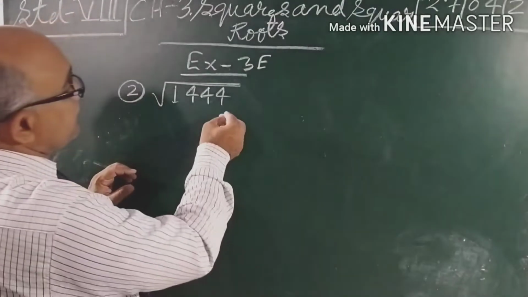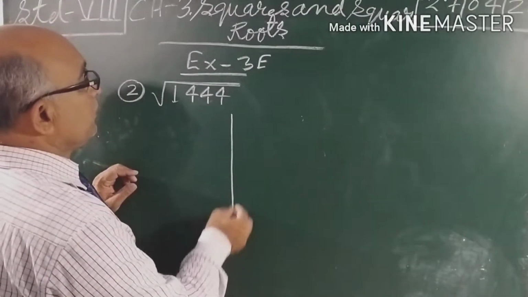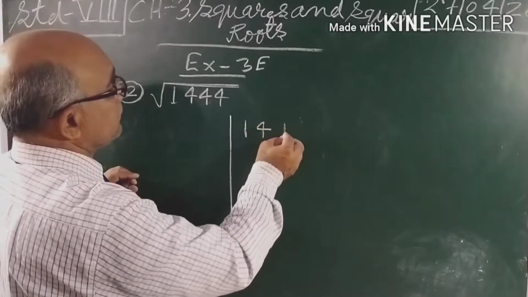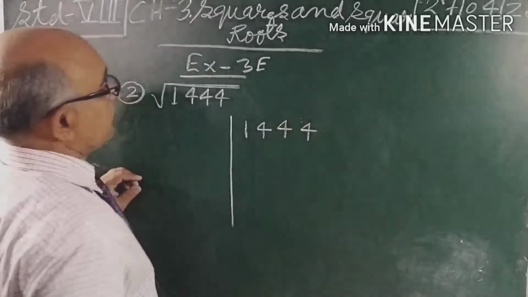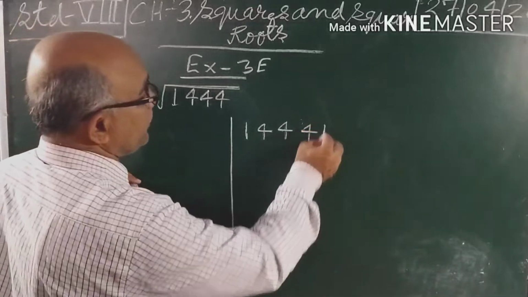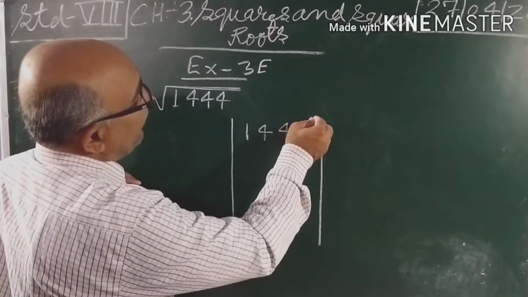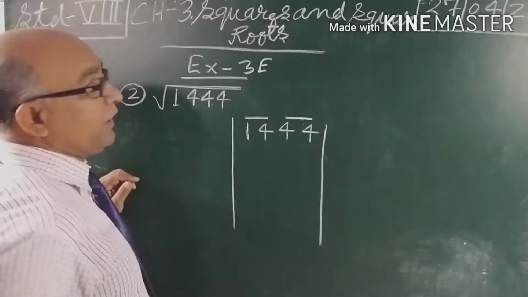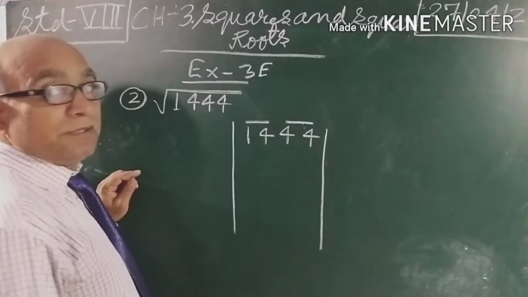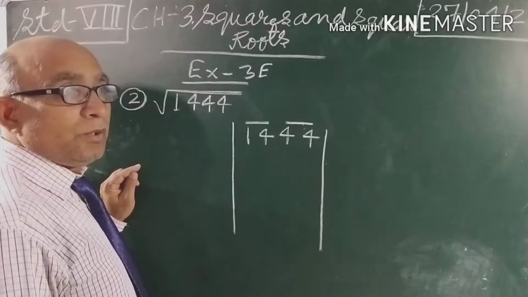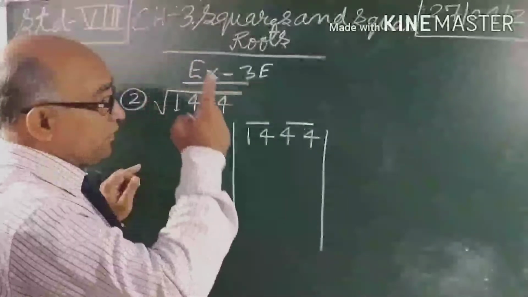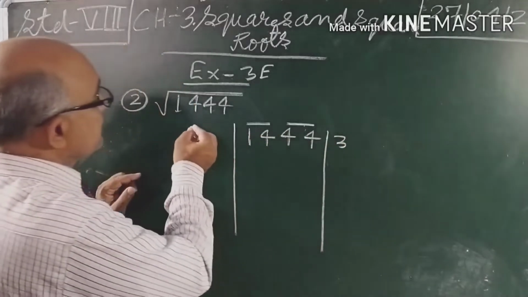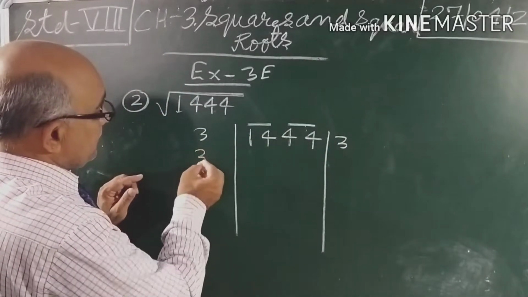Write it between two vertical lines and make pairs from the right side. Here 14: 2 2 ja 4, 3 3 ja 9, 4 4 ja 16. So take 3 3 ja 9. The quotient is 3.